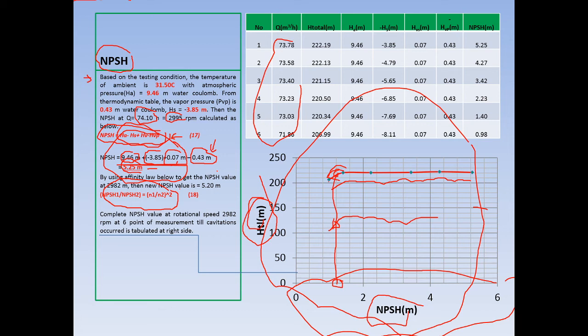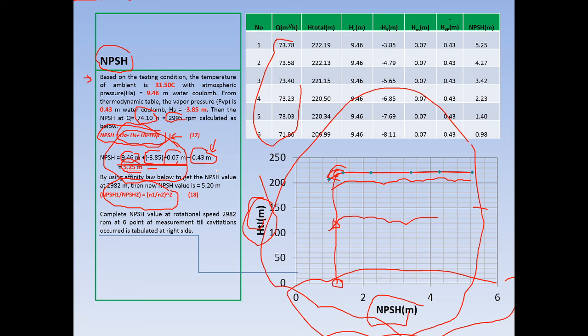So it will be wise for this specific condition, 100 meter cubic per hours, let's say 73 point something is your design point. So it will be wise for you to put the pumps not 5.25 meters from ground level to the bottom, but let's say 2 meters.